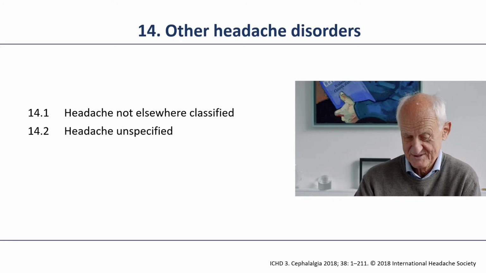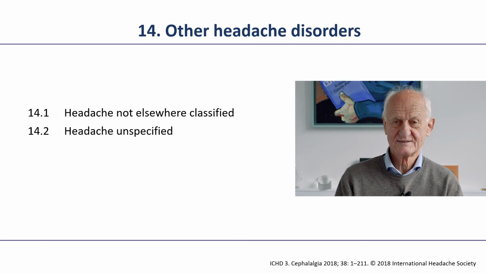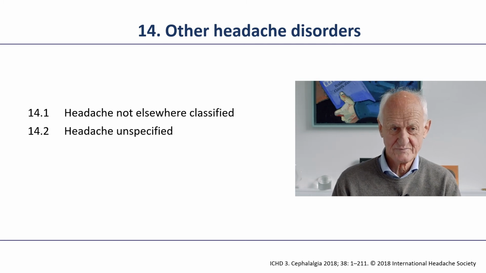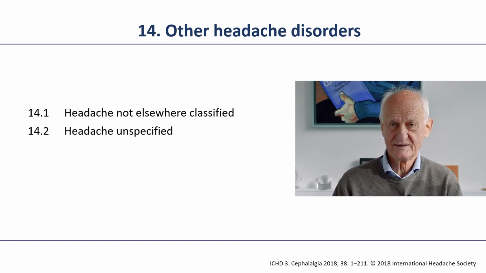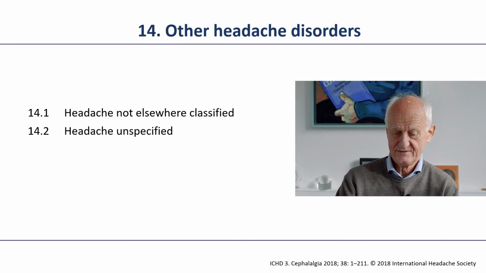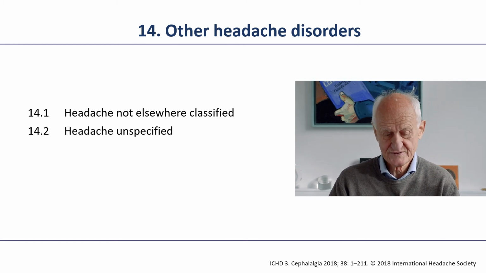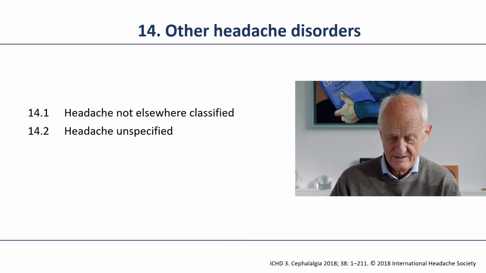This was about facial pain and the cranial neuralgias, but we also have a chapter 14, and chapter 14 is supposed to pick up all the patients who don't fit into the preceding 13 chapters of the classification. It's divided into 2 different kinds: headache not elsewhere classified.